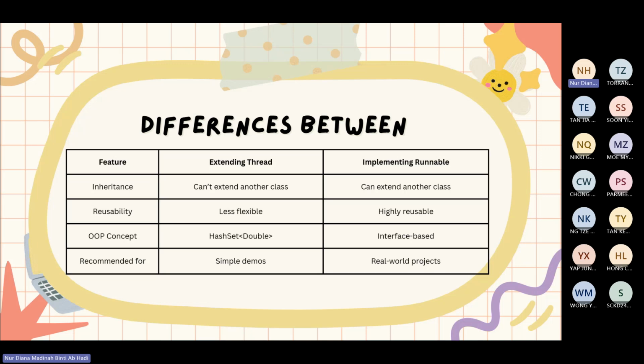But for a real-world system, you need to use implement Runnable, because it allows you to inherit. Just now I already mentioned, real-world projects are much more complex, with a lot of modules that you need to run at the same time. So it would be better to implement using Runnable instead of a simple thread.